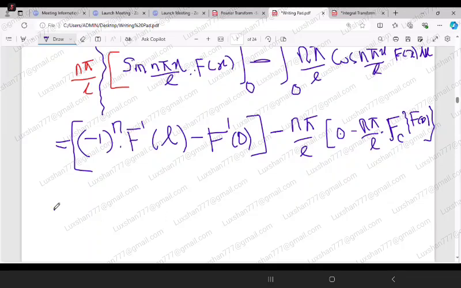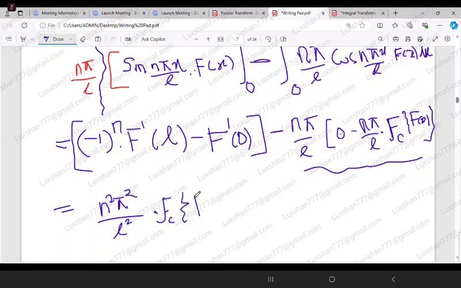Okay, so if you simplify this, minus into minus, that becomes plus, n squared pi squared L squared. So I'm writing this one first. So that becomes n squared pi squared L squared into finite Fourier cosine transform of capital Fx, minus this one.